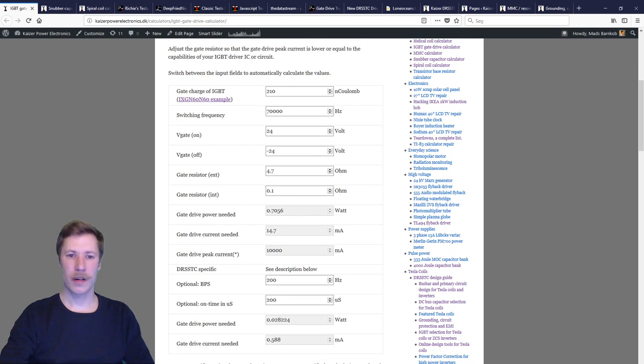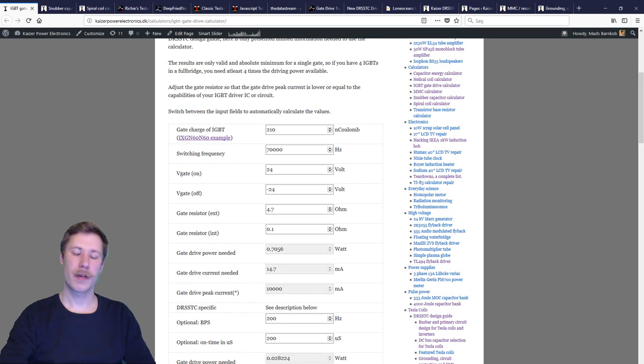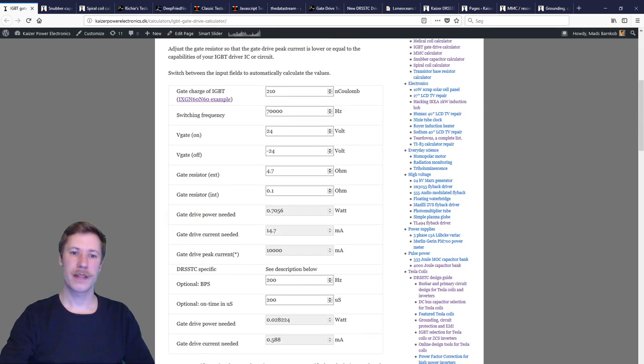It is not including the gate driver transformer design itself. This is only based on the power needed to drive the gate at the frequency that you want. But it also has a small specific section at the bottom for dual resonant solid state Tesla coils, so we take into account the shorter on times and the bangs per second.